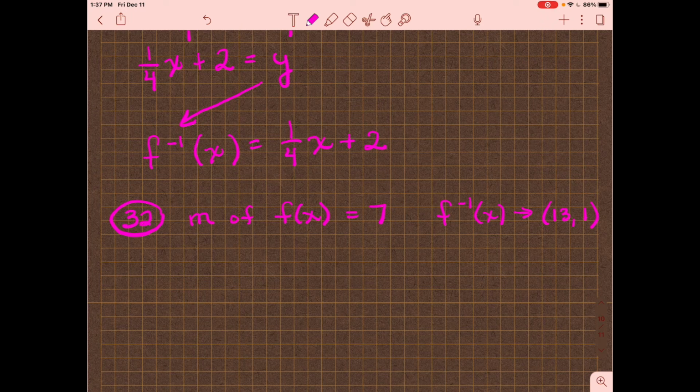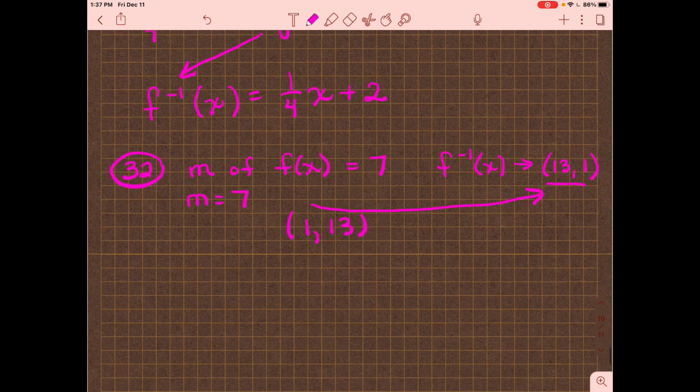So let's talk about the original function first. If the slope of our function is 7, then we need to know something else to write an equation, right? Well, we do know something else, but about the inverse. So if I know that this point exists in the inverse, then the point that does exist in my original equation is this one. See, I just swapped the x and the y around.